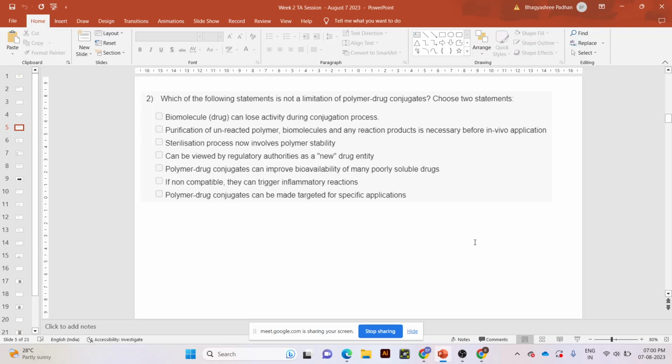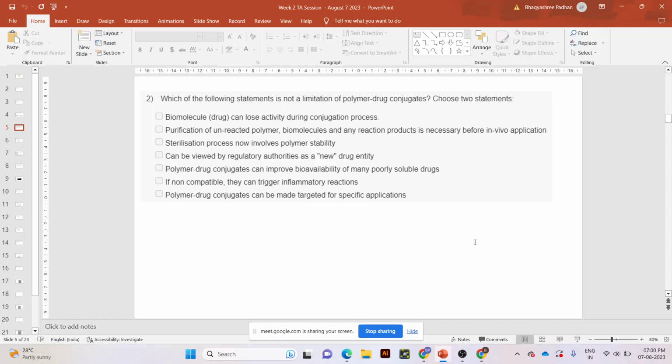Polymer drug conjugates can improve bioavailability of many poorly soluble drugs. This is an advantage. If non-compatible, they can trigger inflammatory reactions, another limitation. Then polymer drug conjugates can be made targeted for specific applications. This is another advantage.